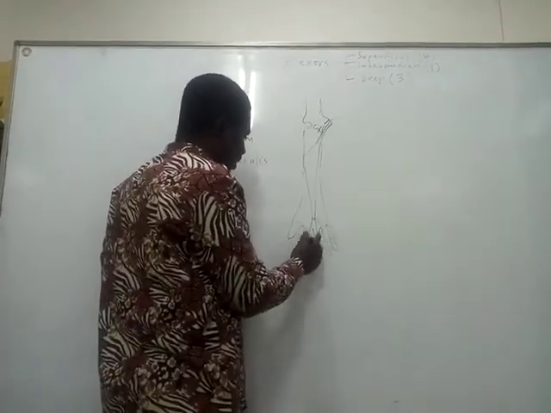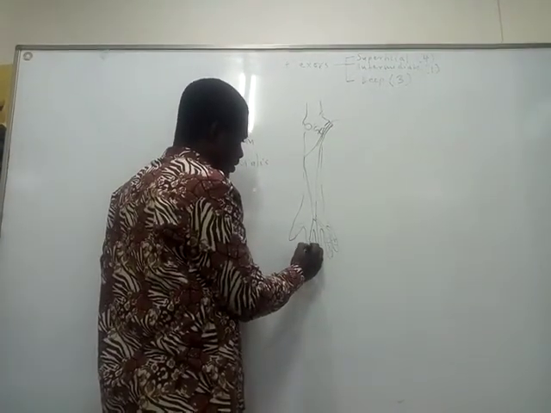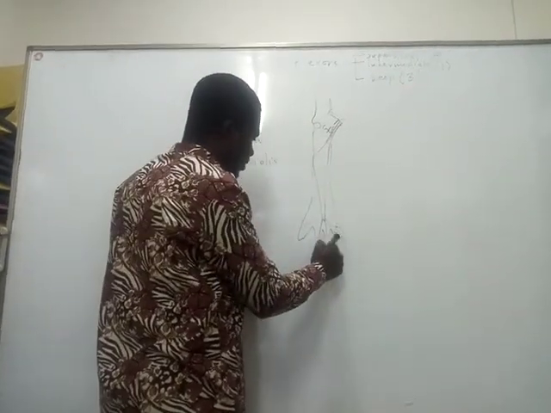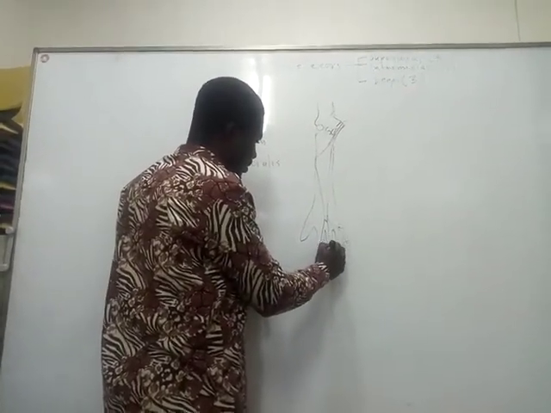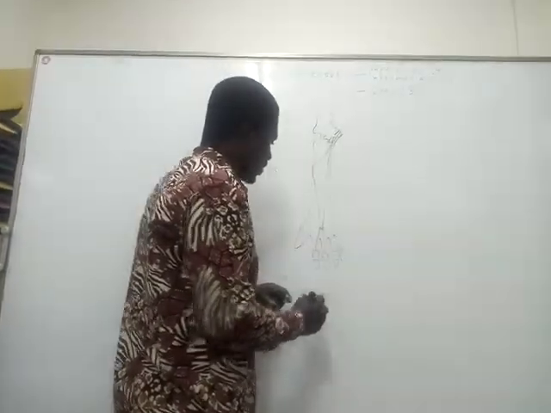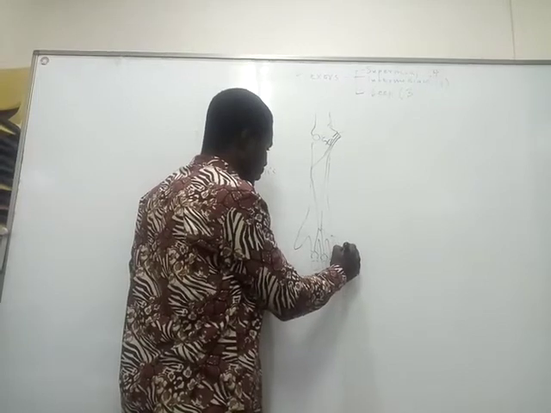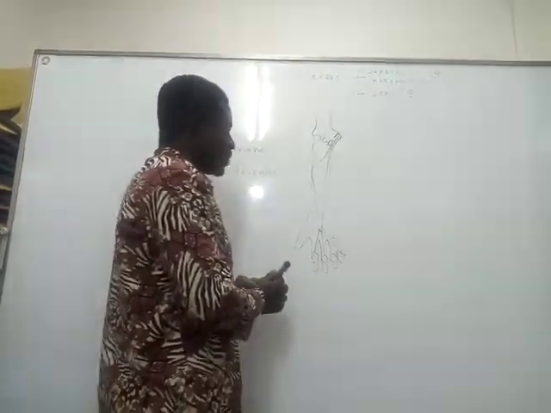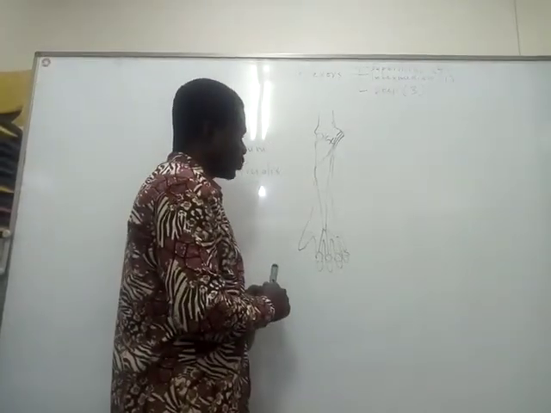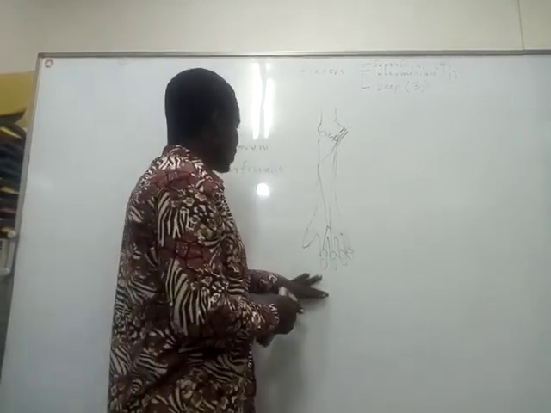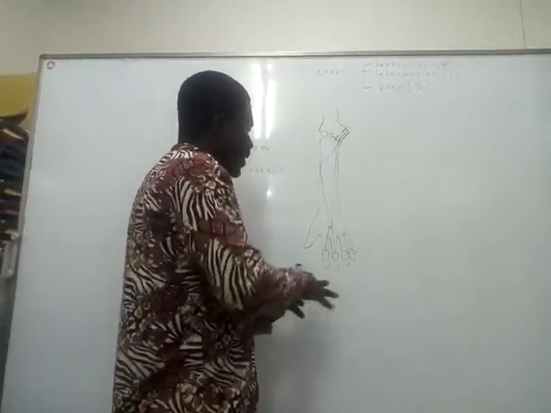Now, at the proximal phalanx, the tendons bifurcate, and then insert at the sides of the middle phalanx. So this way, they can provide accommodation to the next deeper muscle we will talk about, flexor digitorum profundus. So we will look at that, the deeper muscle.